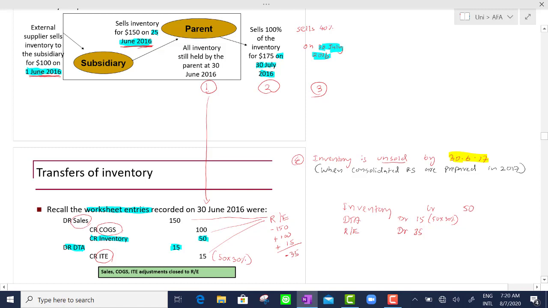This is the worksheet entry we put in 2016, which we discussed earlier in scenario number 1. If we think directly without thinking about that entry: inventory has been overstated by 50, therefore we credited 50 to the inventory account, and because of that it created a deferred tax asset of 15.